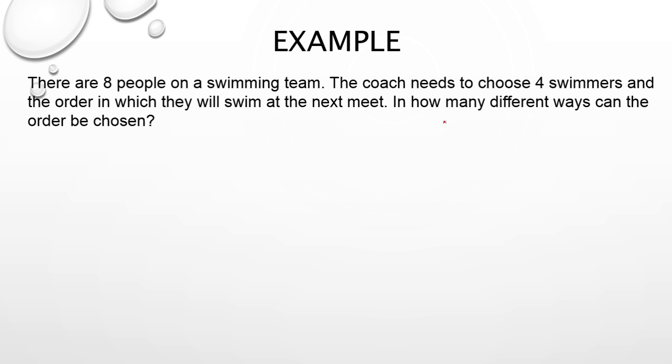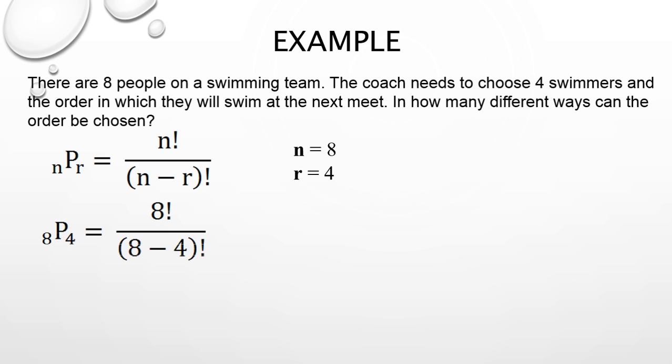So here's another example. There are 8 people on a swimming team. The coach needs to choose 4 swimmers and the order in which they will swim in the next meet. How many different ways can the order be chosen? We need to identify our n and our r first. N is going to be 8 because that's how many we have in total, and r is how many we are taking at a time. We are choosing 4, so that is why r is 4. Plug in everything we know.